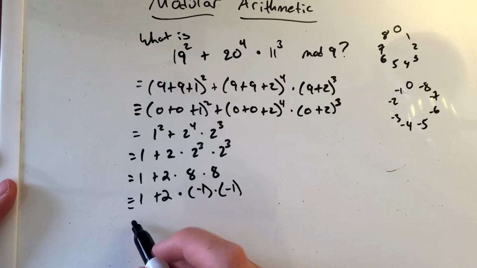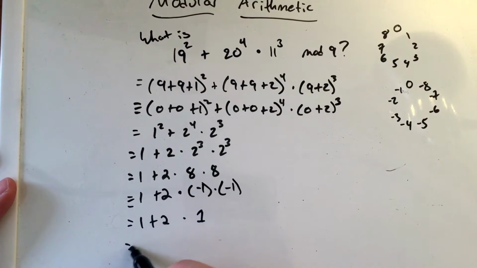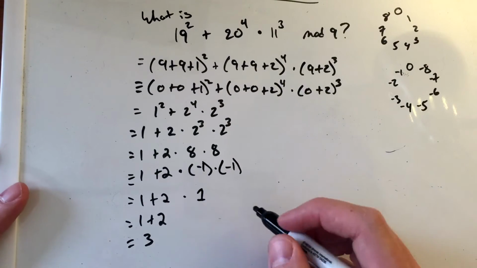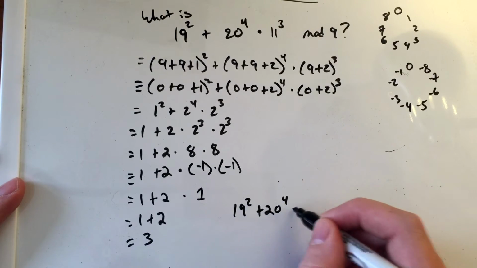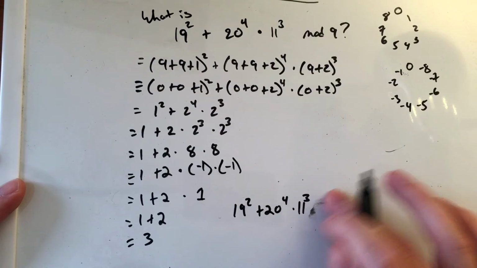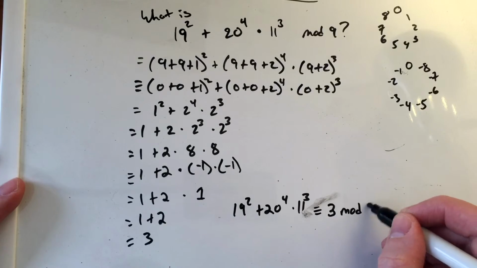We times that by 2, and we get 1 plus 2. And our answer is 3. And so our final answer here for 19 squared plus 20 to the fourth times 11 to the third mod 9 is equivalent to 3 mod 9.